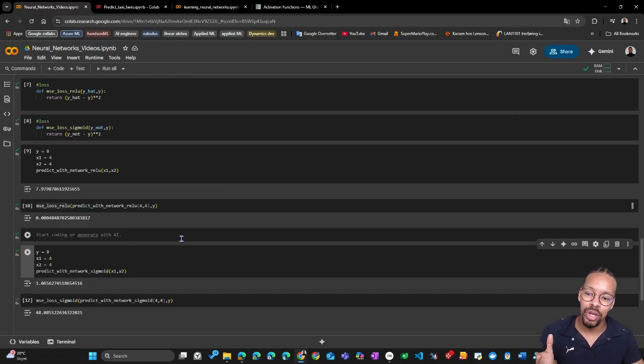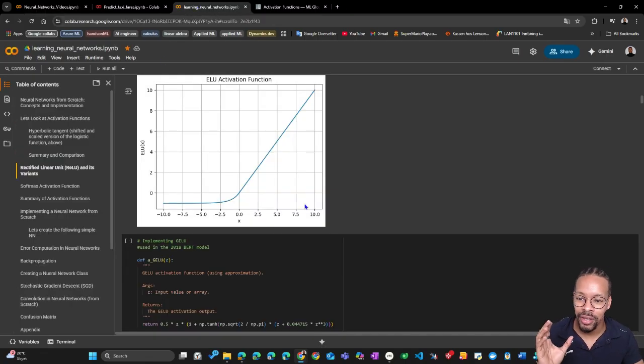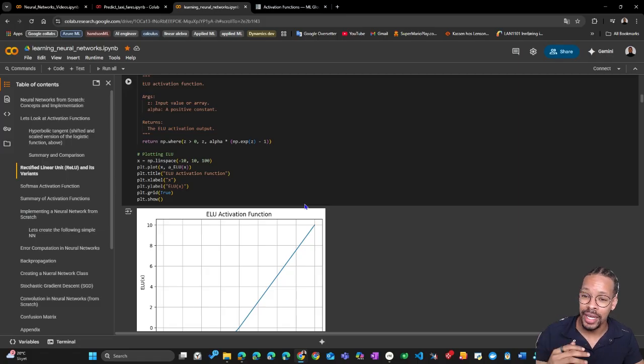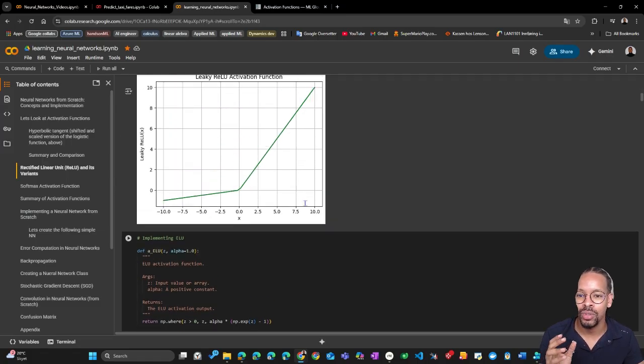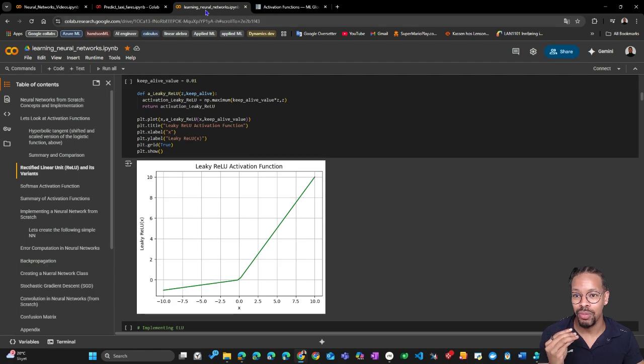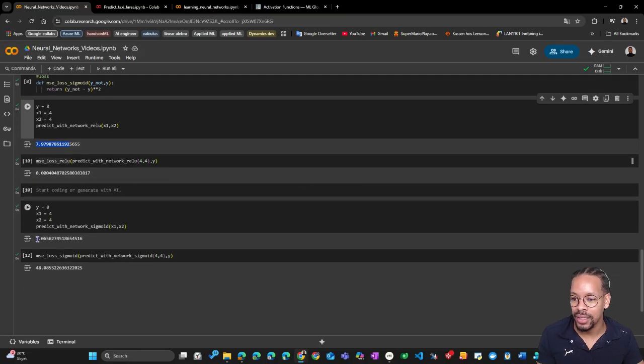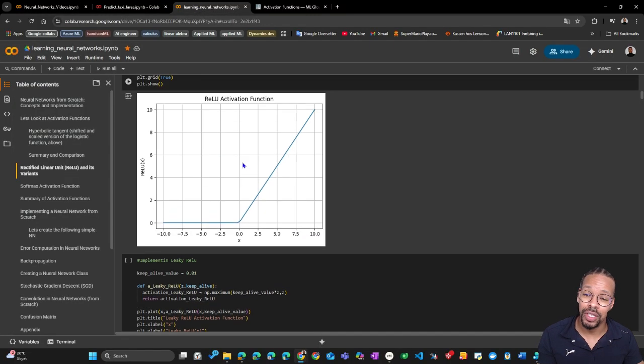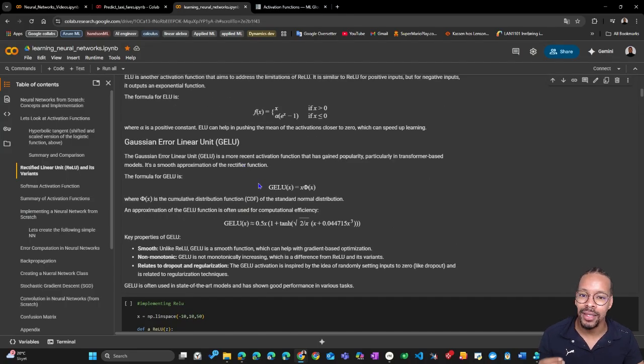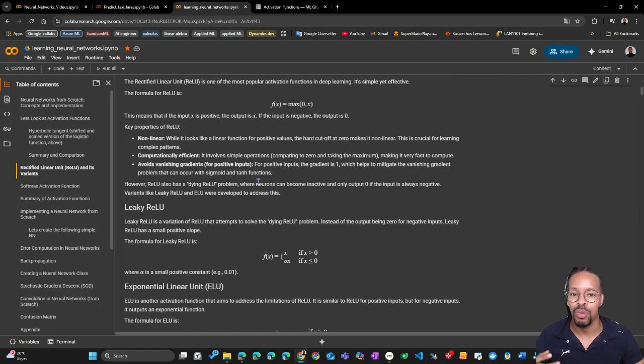Sigmoid is usually used in the output layer, and ReLU is mostly used in the hidden layers. With the outputs here, you could see that ReLU gave us a small loss and almost 8 because it's 4 plus 4. And here this was totally off. So learn when to use the different functions, learn the math and how they are supposed to work.